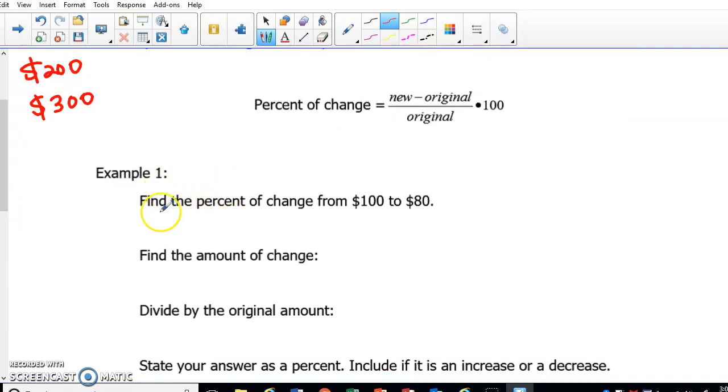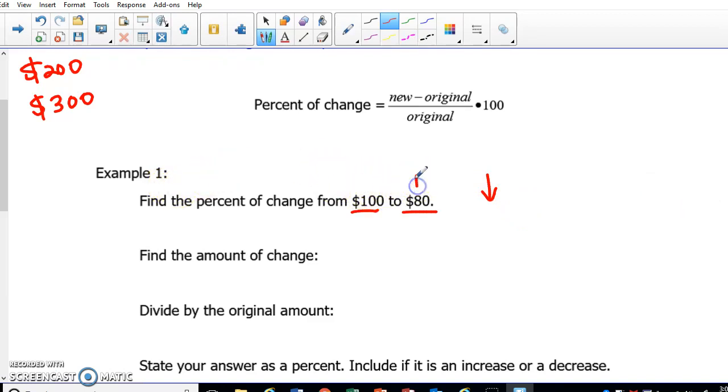So the first example is find the percent of change from $100 to $80. So $100 became $80. Did it increase or did it decrease? Correct, it decreased, so we know that it's a percent of decrease. Which one is the new amount of money?